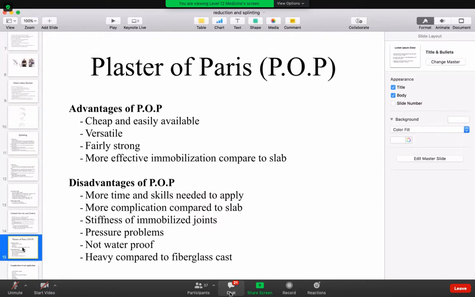So if I have a displaced joint and I want to mold the cast on the bone, plaster of Paris is better because it's very easily molded and it stays in the position that you want to keep it in. More effective immobilization compared to slab.